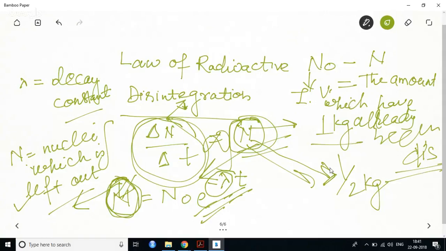So please remember this formula. N0 is the initial amount of nuclei, lambda is the decay constant, t is the time taken for disintegration, N is the remaining amount left out right now, and the disintegrated value would be N0 minus N.